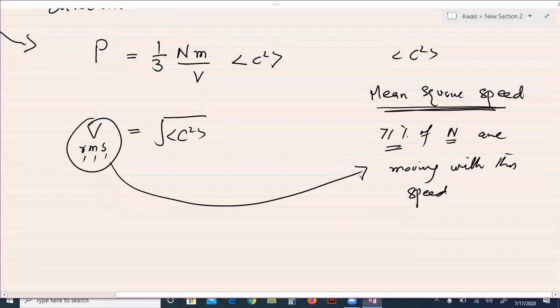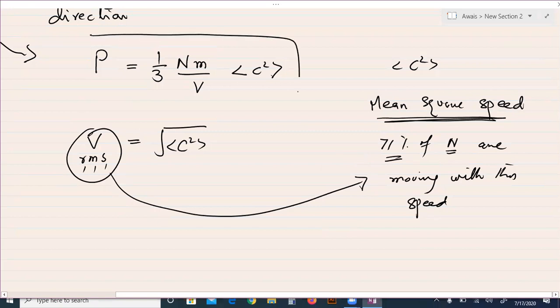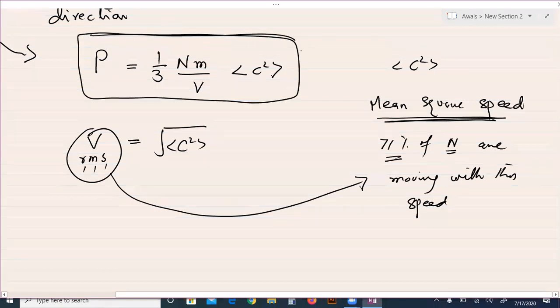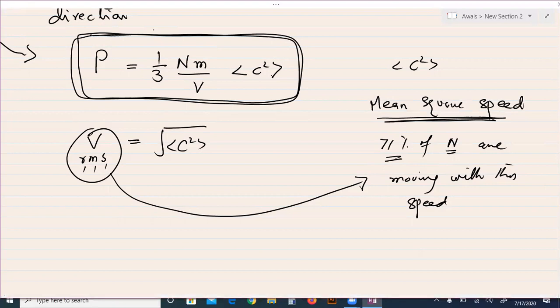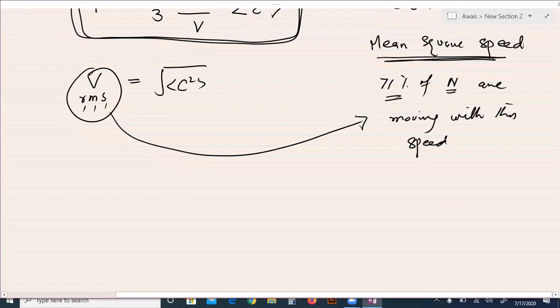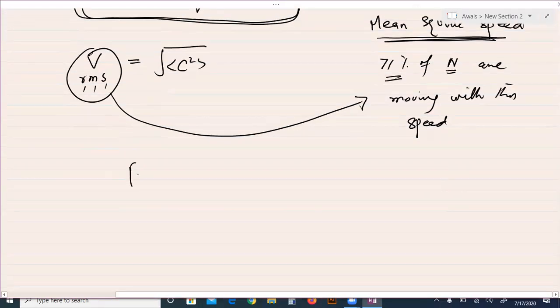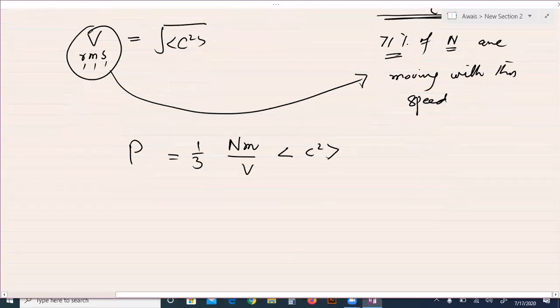Okay, so this is the pressure of the gas. Because gas exerts pressure equally in all directions, one side pressure is exactly the other side. So this is the total pressure, O-level pressure chapter. Now from this, we can write 1 by 3 Nm over volume into mean square speed.